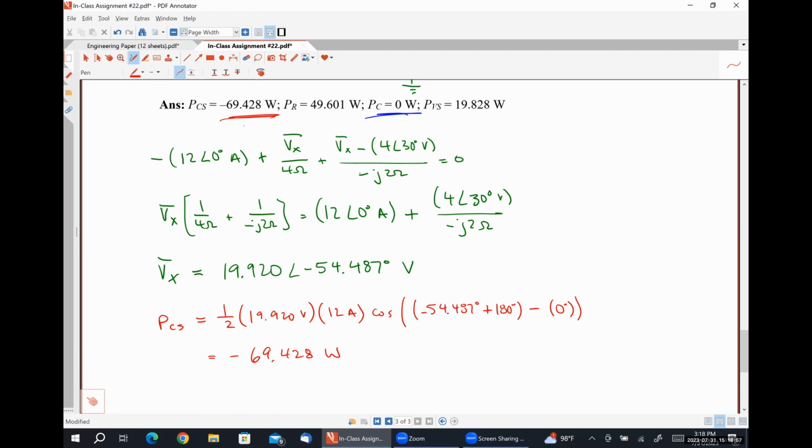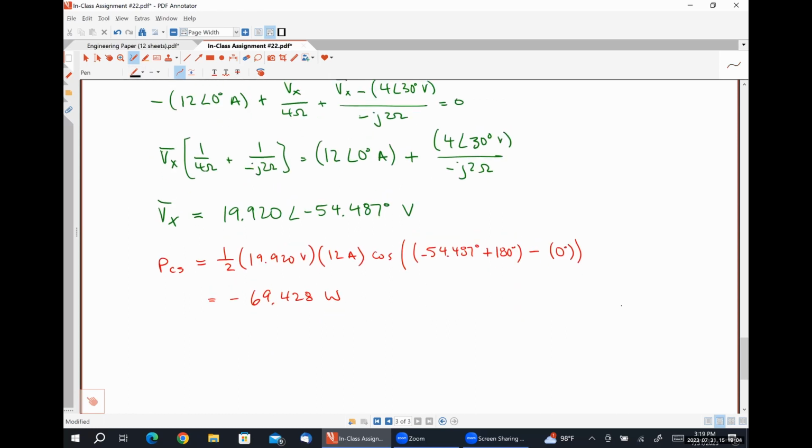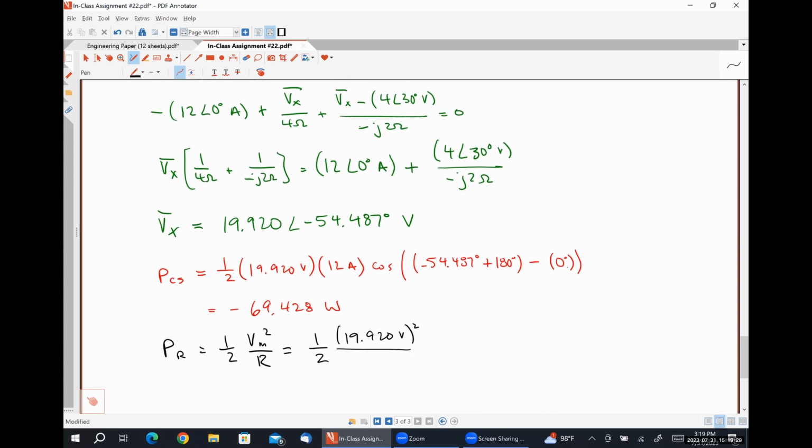For the resistor, we're going to have 1/2 VM squared over R. So that's going to be 1/2 times 19.920 volts squared divided by 4 ohms.